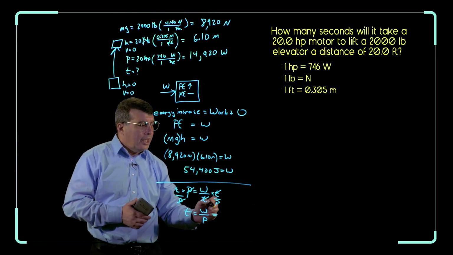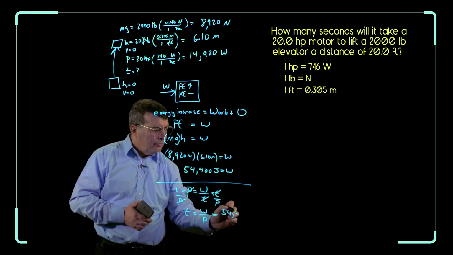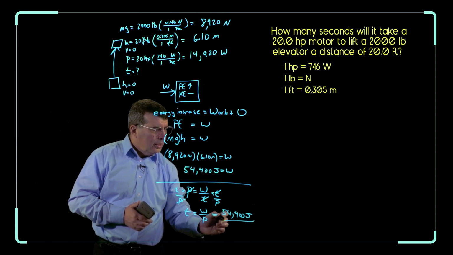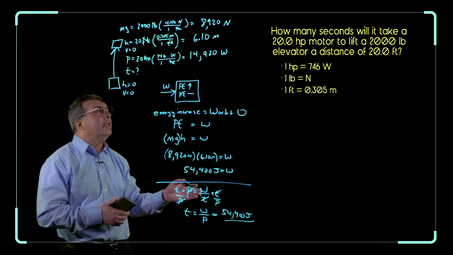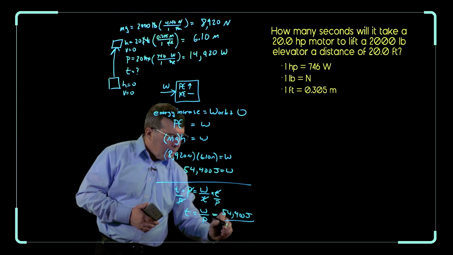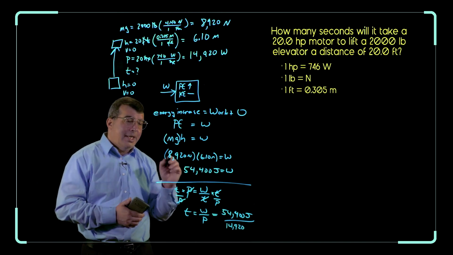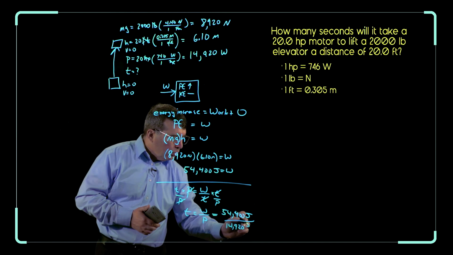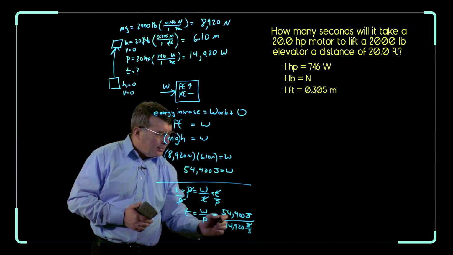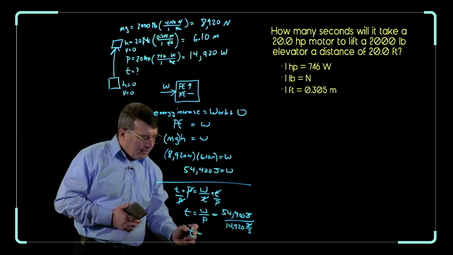Okay, so the time is the work, 54,400 joules divided by the power, which is 14,920 watts. And I'm going to write the watts as joules per second. And you can see that my joules cancel out. And so the time, and we'll talk about what happens with those seconds.